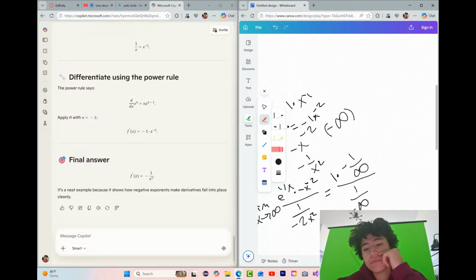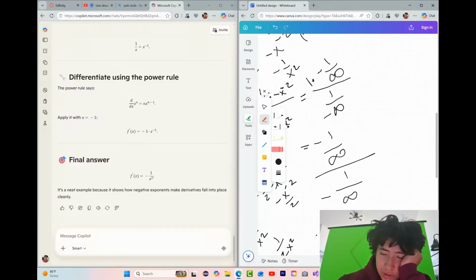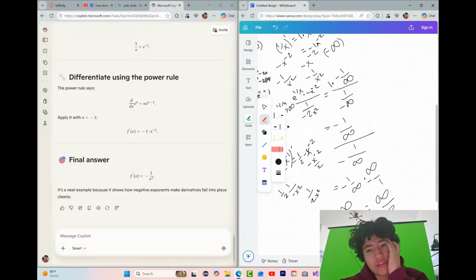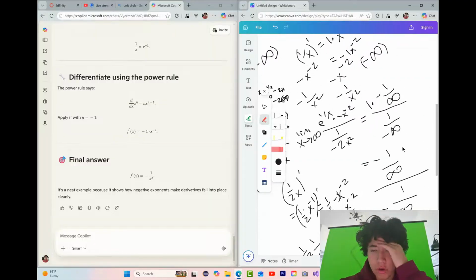This is equal to negative 1 over infinity over 1 over infinity, same thing. So this is equal to negative 1 over infinity times infinity. We get a negative infinity over negative infinity. This is infinity over infinity, another indeterminate form. Oh my goodness, I'm gonna crash out. Where are we?